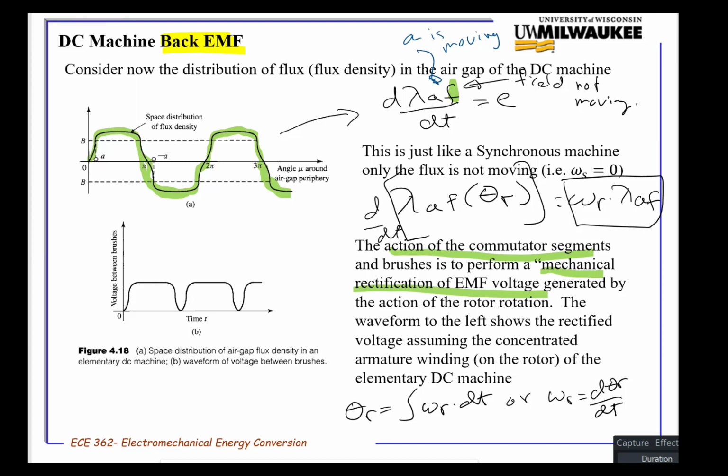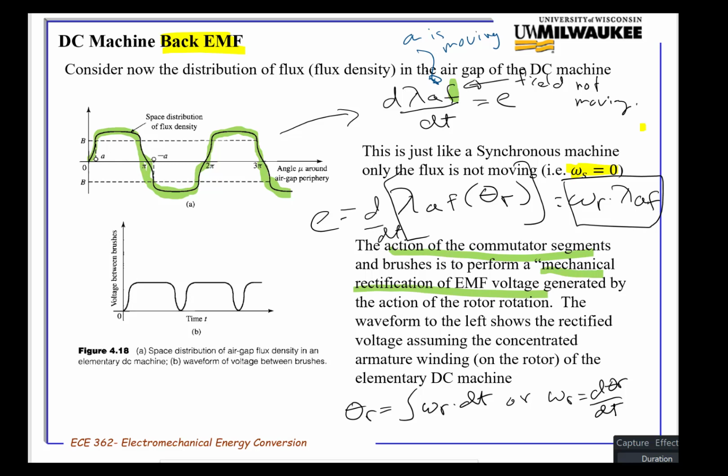Okay, so we got synchronous speed. It's 0 in a DC machine because nothing's moving, but the rotor's moving, and so Faraday's law is going to give you a voltage. It's going to give you this lambda AF times the speed. That is the back EMF of the machine.